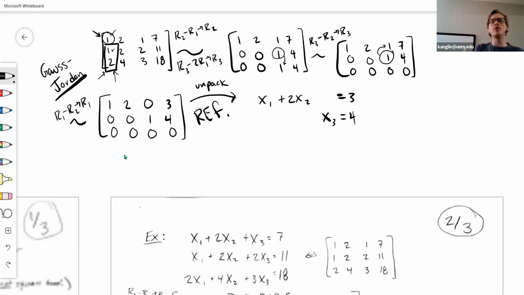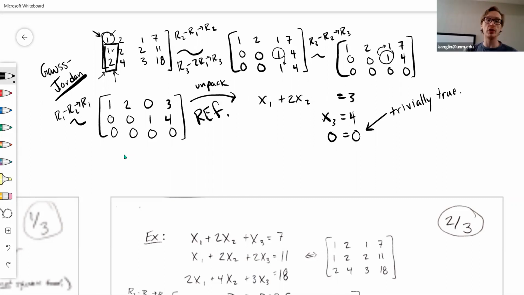And notice what the bottom row says. It says 0x1 plus 0x2 plus 0x3 equals 0. Well, the left side does equal 0, right? 0 times all those variables is 0 when we add up. So all we're left with for that third equation is a trivially true statement, meaning it doesn't tell us anything.